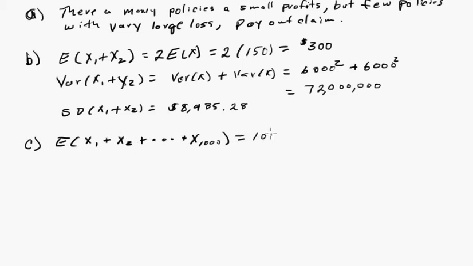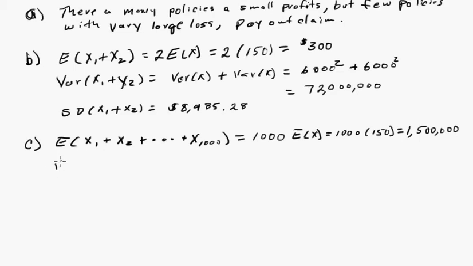So that's going to be 1,000 times the expected value of X, so that's 1,000 times 150, so that's going to be a lot more zeros. Okay, so now we're talking big bucks.